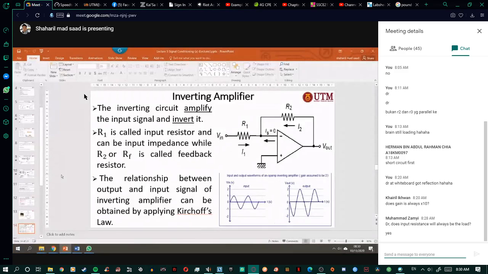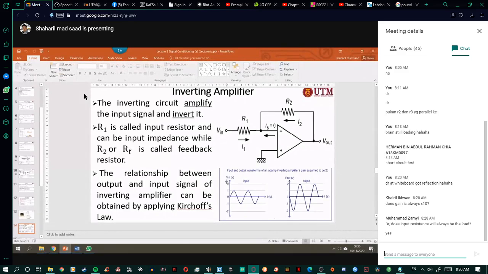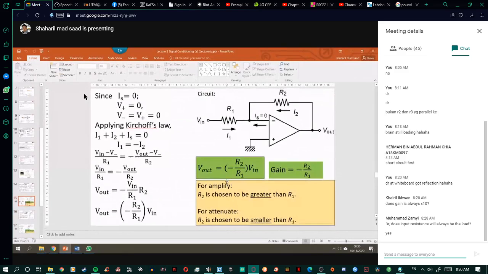What inverting means is that when the voltage is input from here, it will amplify or attenuate, but the voltage will be inverted. For example, for a positive input voltage, the output will be a negative voltage. That's why we call it inverting. So this one, the equation here.